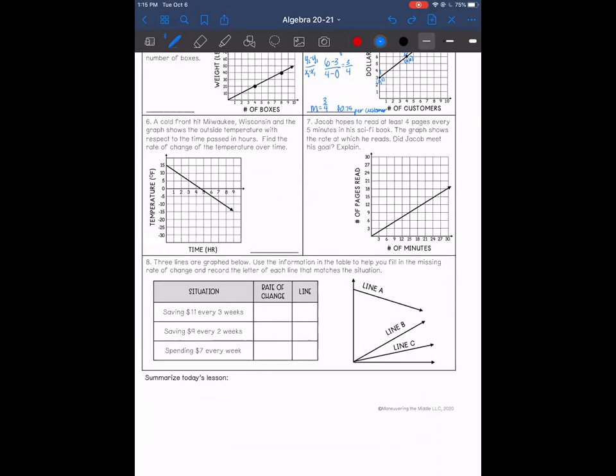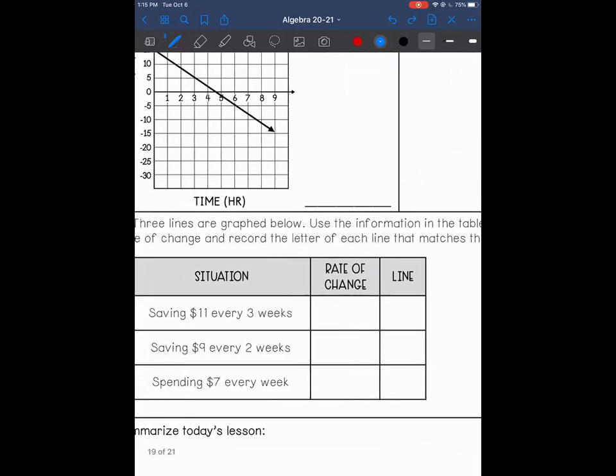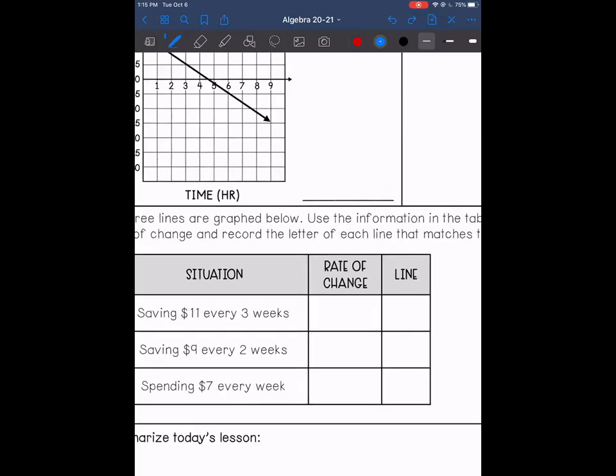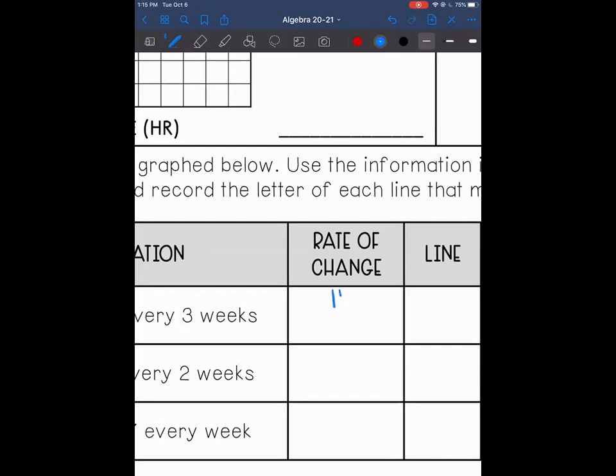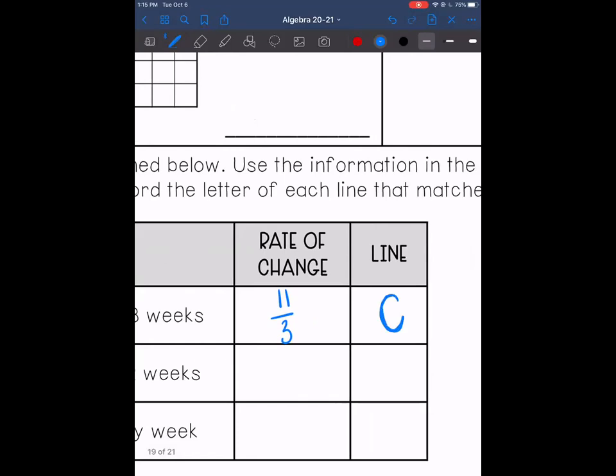That's what you can use to help you. Our rate of change, saving $11 every 3 weeks. So that would look like 11 over 3, $11 per 3 weeks. I'll just give you a hint. It's line C. Compared to our other lines, the one that most accurately represents it is line C.